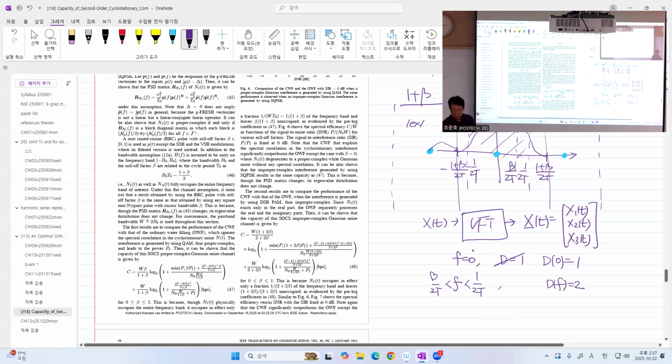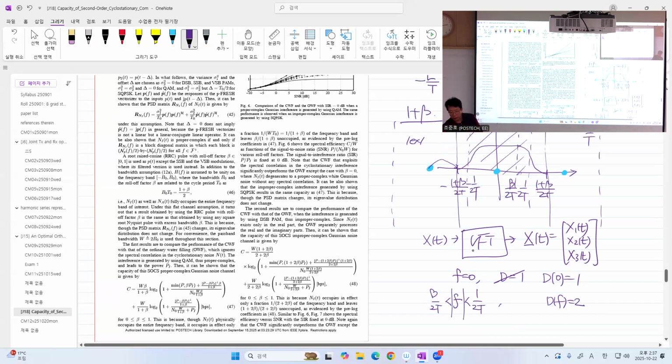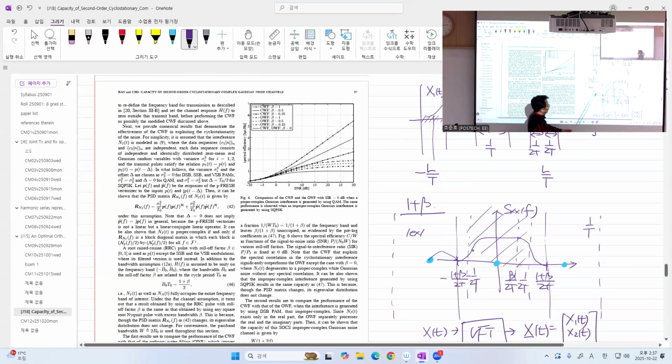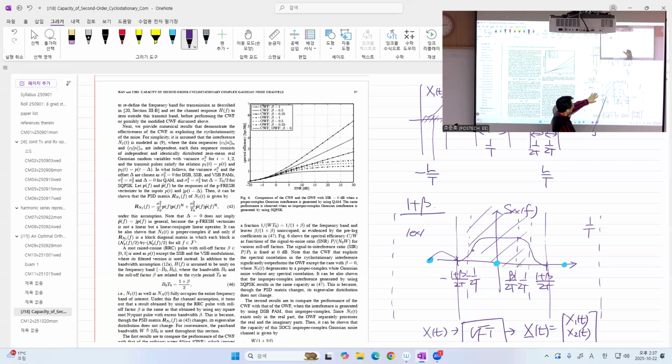Similarly, you have the symmetry. So if you subtract some positive value of f, then what happens? Still, you don't have anything, but these points become inside the frequency band. So you have two dimensions.